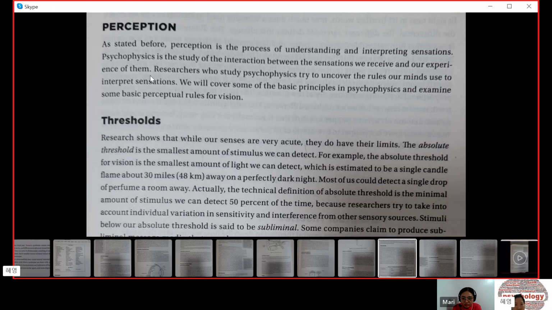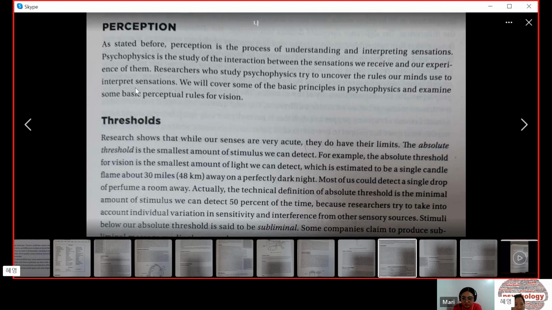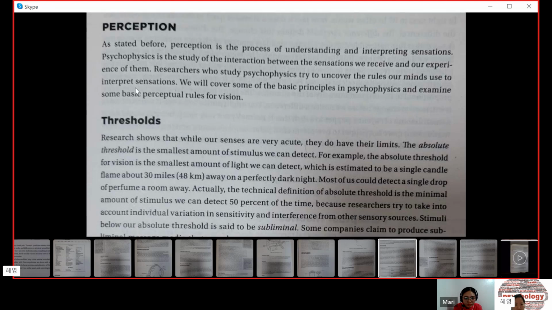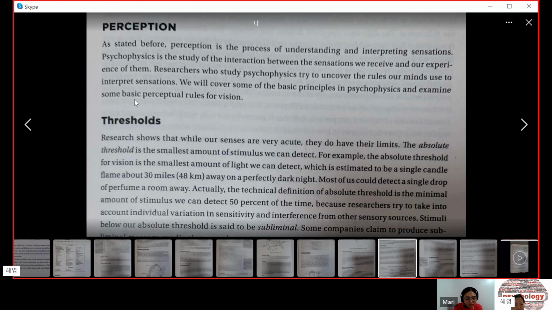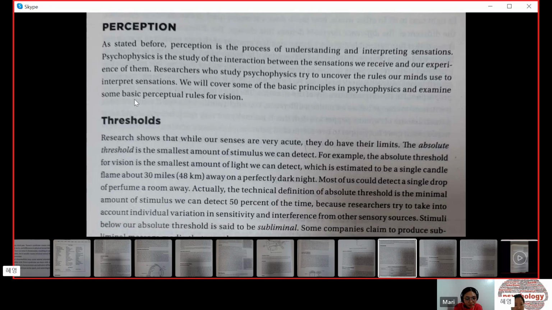Researchers who study psychophysics try to uncover the rules our mind uses to interpret sensations. We will cover some of the basic principles in psychophysics and examine some basic perceptual rules for vision.